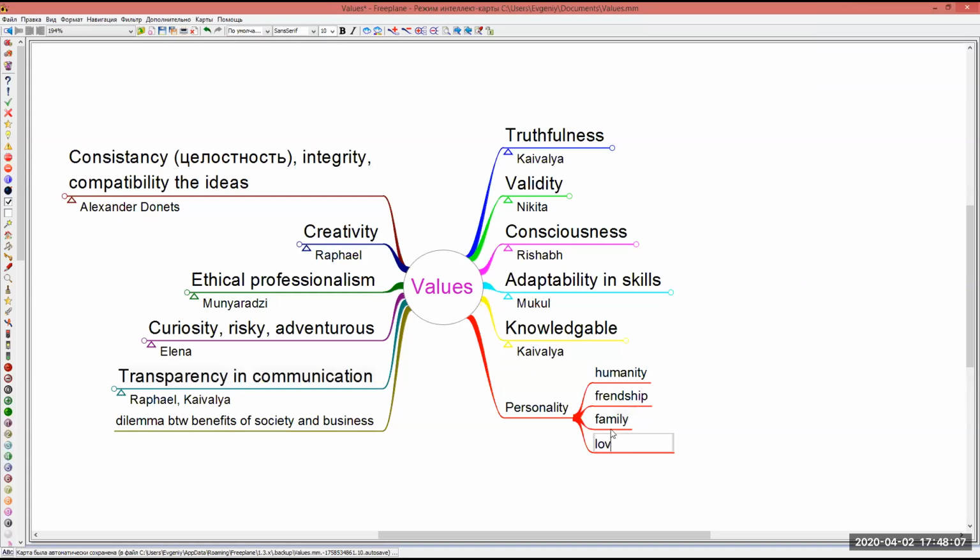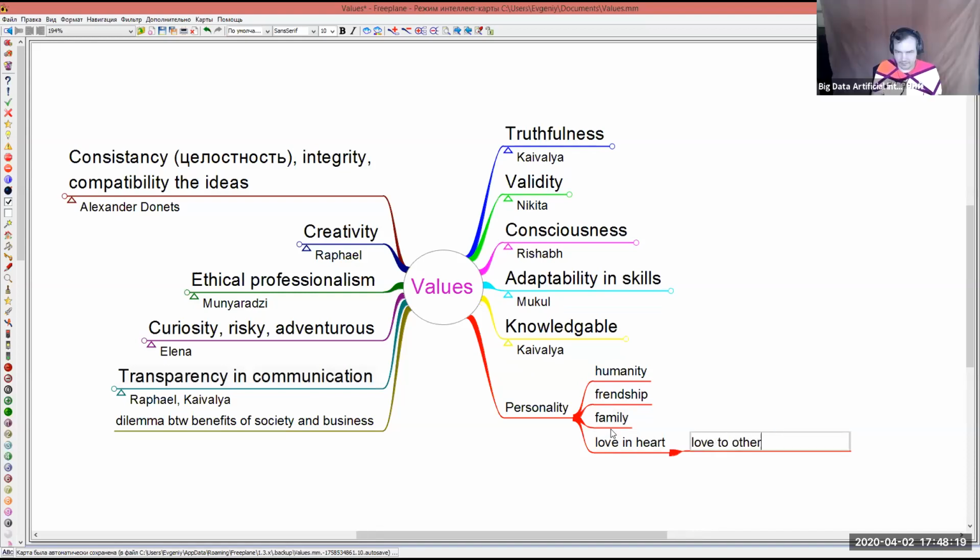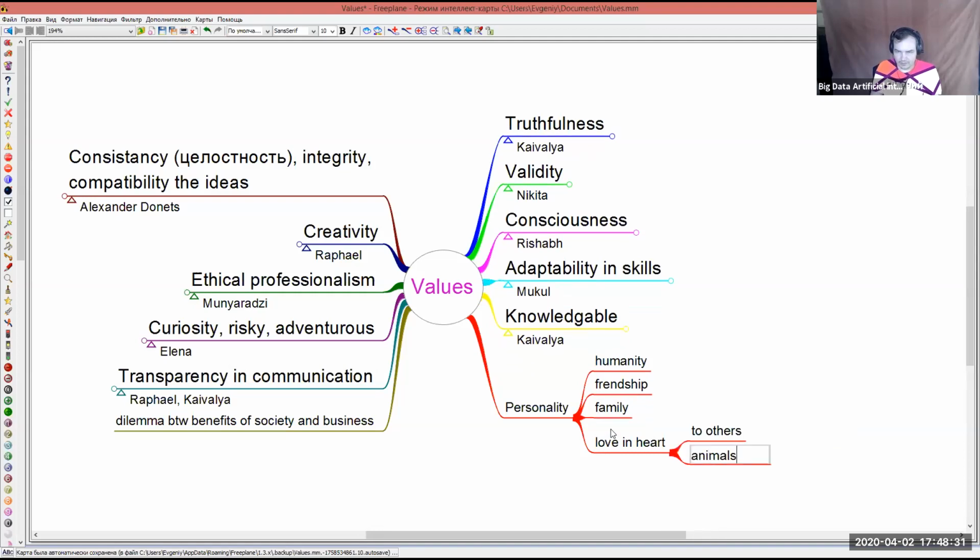Yeah, love to other organisms, love to those whom we don't know, but still we should have some love for them, like for other animals, people.